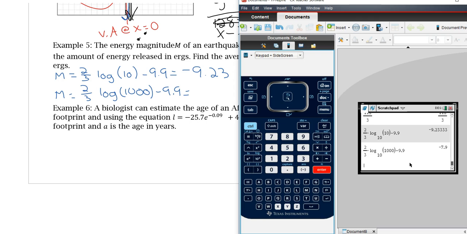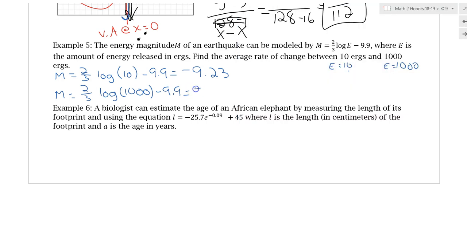It's a really nice, quick way to do that. And we get negative 7.9. So those are my 2 points, (10, -9.23) and (1,000, -7.9).